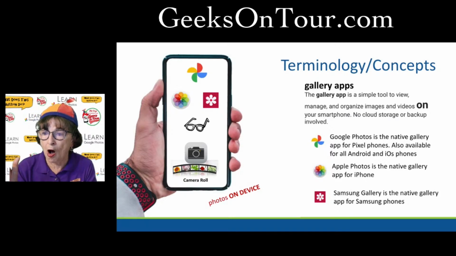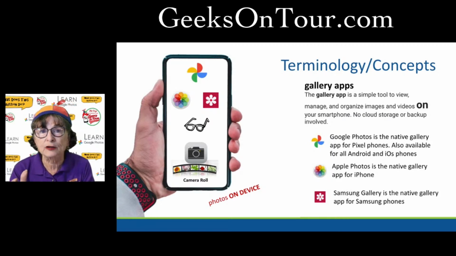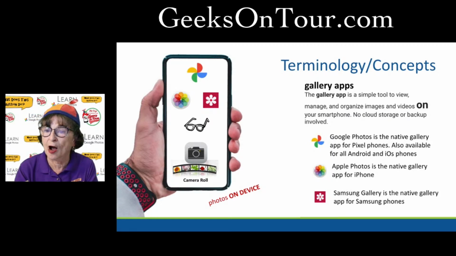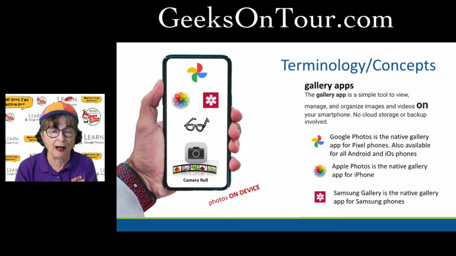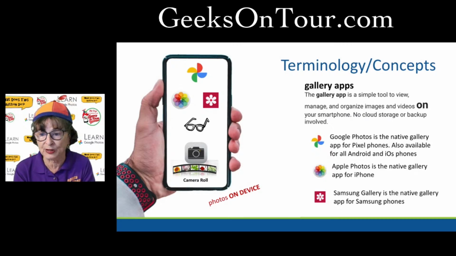And all three of those apps, Google Photos, Apple Photos, and Samsung Gallery, are meant to manage the photos that are on your device in the camera roll. You take a photo with the camera, it's stored in the camera roll. Then whatever gallery app you choose to use manages the photos on the device in the camera roll.